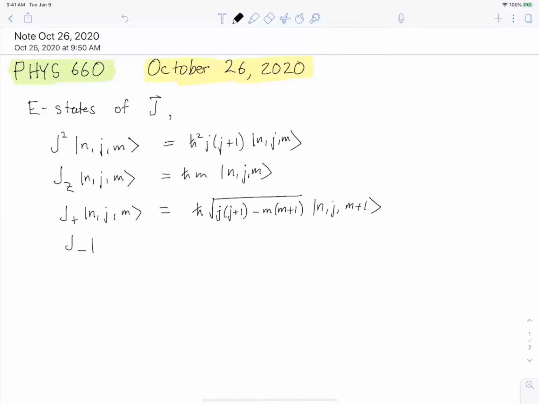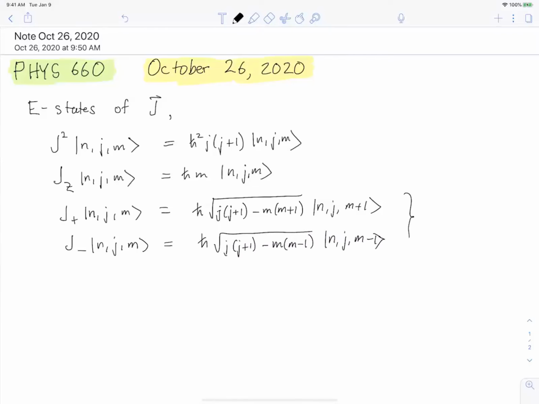And J minus looks very similar. So it's J times J plus 1 again, but now it's minus M times M minus 1, with M lowered by 1 unit.